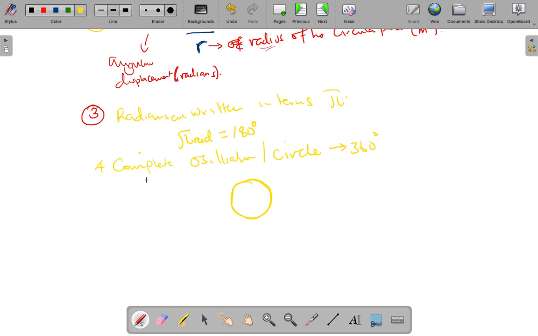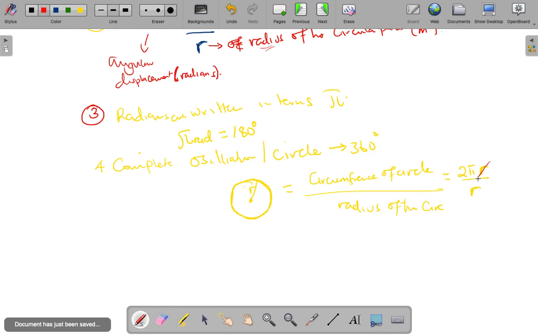Basically, we can now say the circumference of the circle divided by the radius of the circle. We know that the formula for the circumference of a circle is 2 pi r, and the radius is also represented by r.